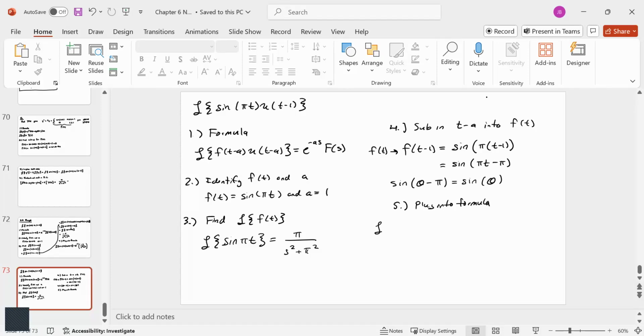And so the Laplace transformation of sine of pi t, u of t minus 1, is equal to, which we already know, well, actually, that should be a negative, and that's where we're going to get a negative sign, over s squared plus pi squared.